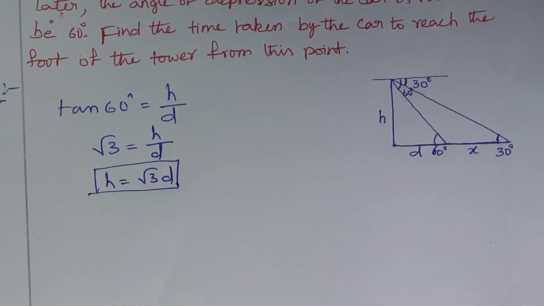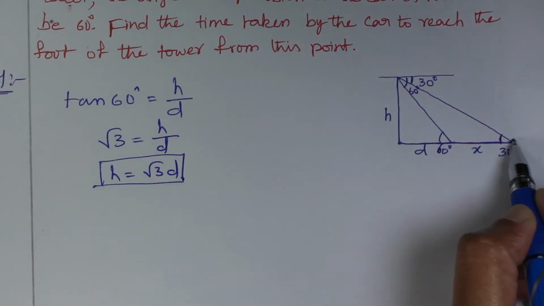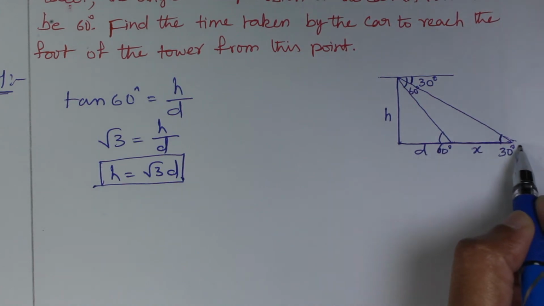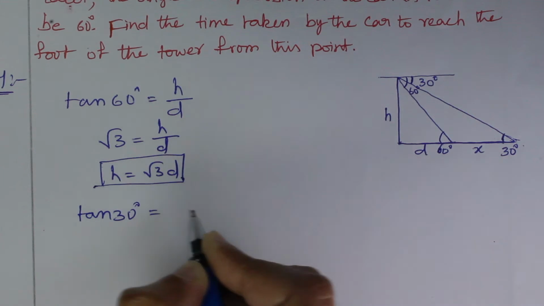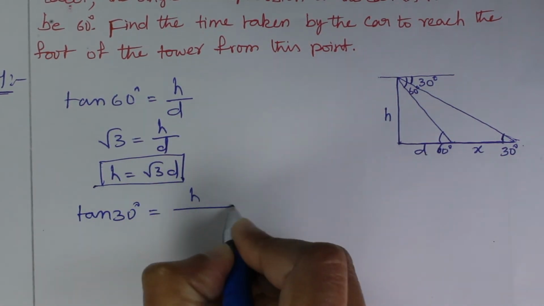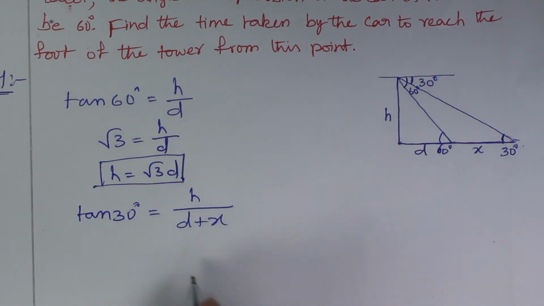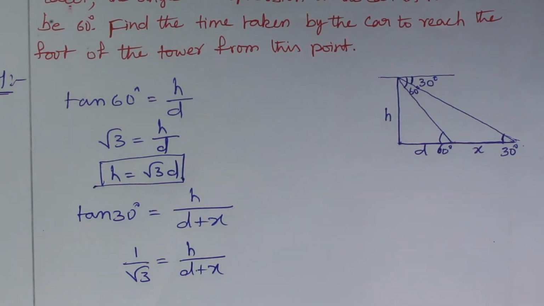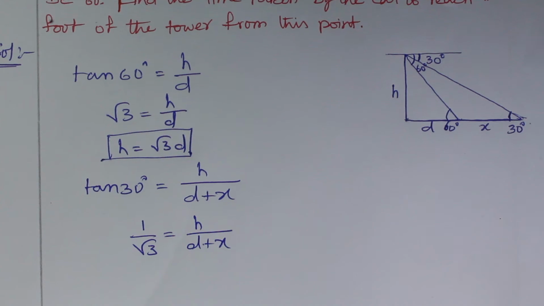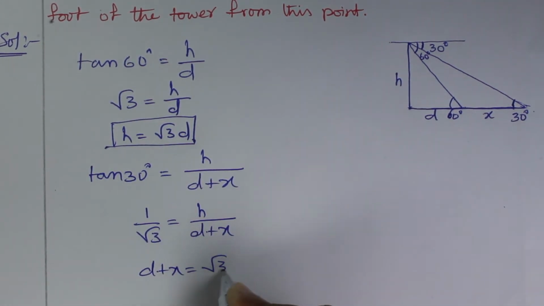Now let's consider the second triangle. That is the bigger right angle triangle, this triangle. Okay, in this triangle, tan 30 degrees is equal to h divided by d plus x. Right, tan 30 degrees is 1 by root 3. 1 by root 3 is equal to h divided by d plus x. d plus x is equal to root 3 into h.